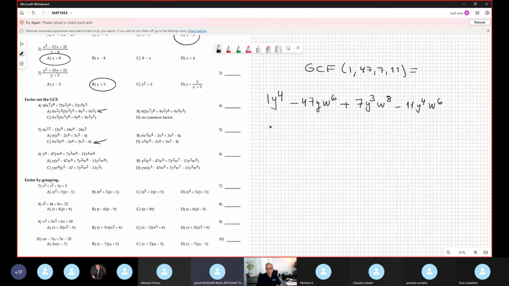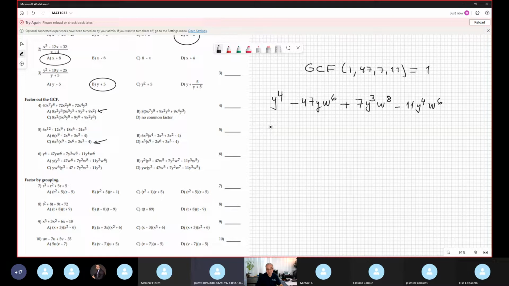They are prime numbers. Everything is prime, except 1, which by definition is not prime. So it's obvious that we have no common factor. It's a classical example. Always the common factor is 1, so the coefficients stay the same.